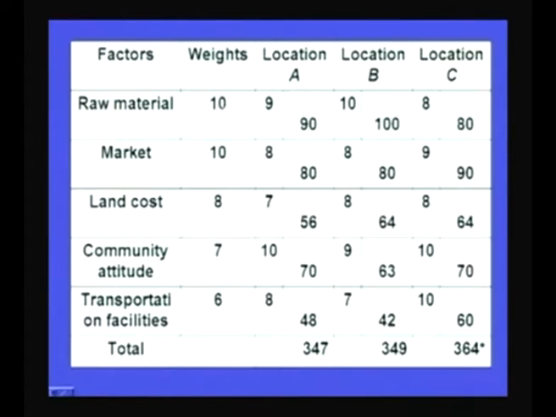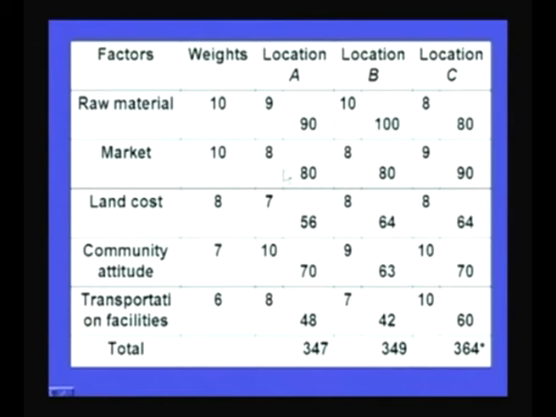Now for raw material, location A has been given 9 marks, location B has been given 10 marks and location C has been given 8 marks. Similarly, on community attitude, location A has been given 10 marks, location B has been given 9 marks and location C has been given 10 marks.